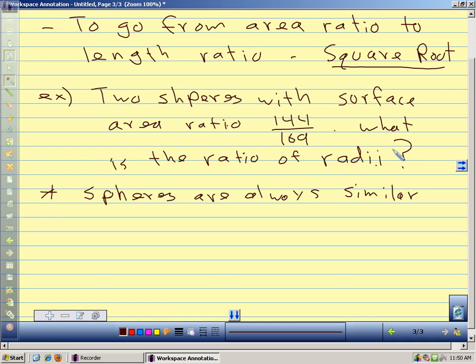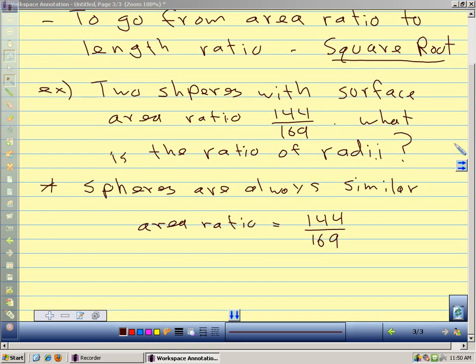And it tells us our surface area ratio is 144 over 169. So that's our area ratio. To find our length ratio, radius is a length, right? Yeah.